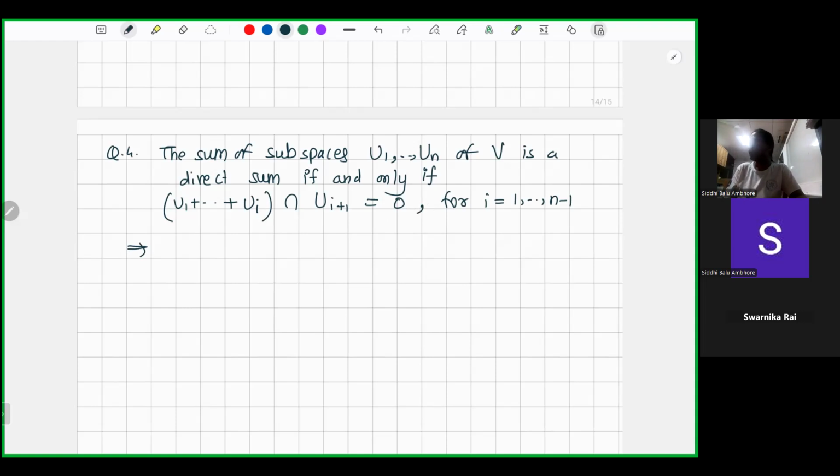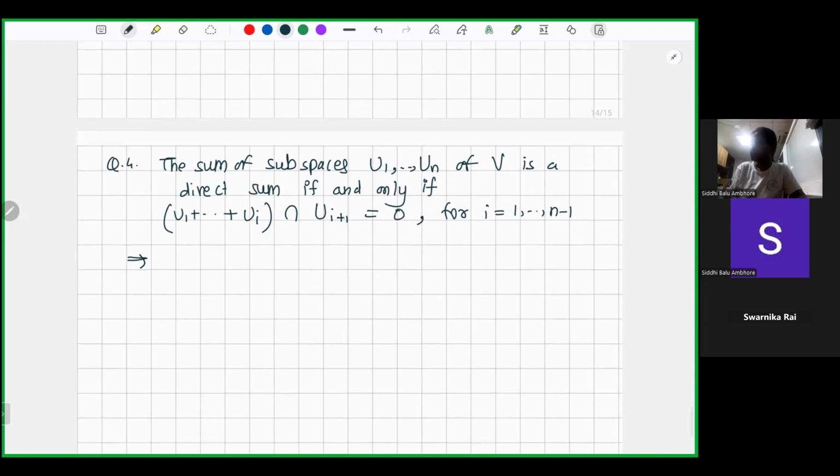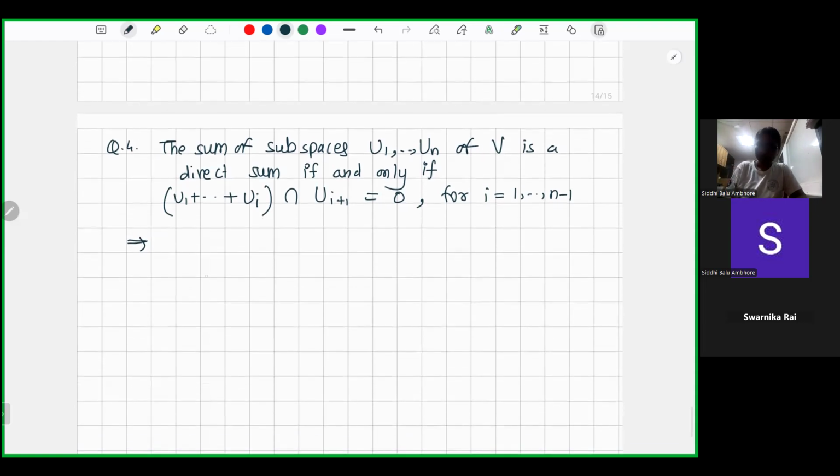So what we need to prove is that V is U1 plus U2 plus ... plus Un if and only if this happens, that U1 plus ... plus Ui. Now when we are writing this plus, sorry, this is normal addition.